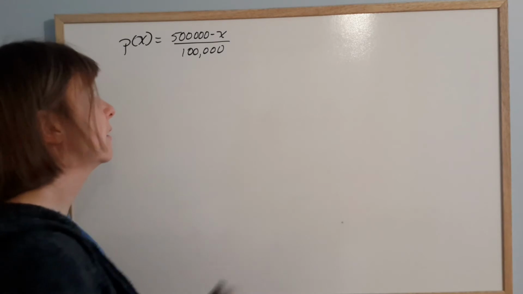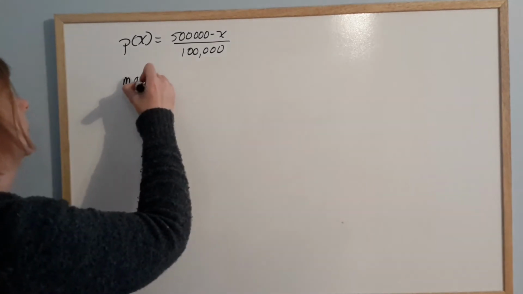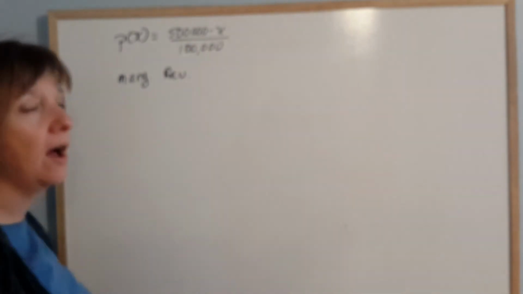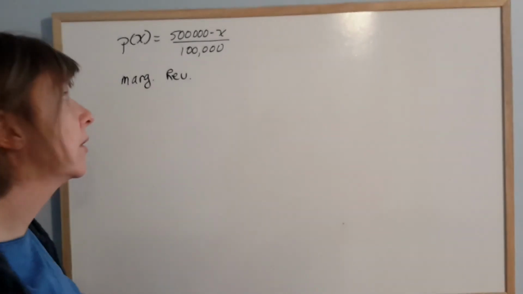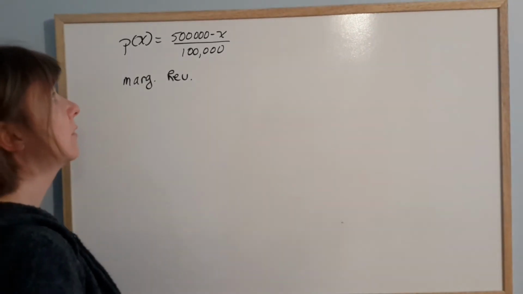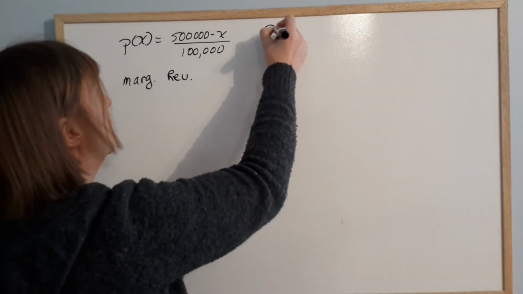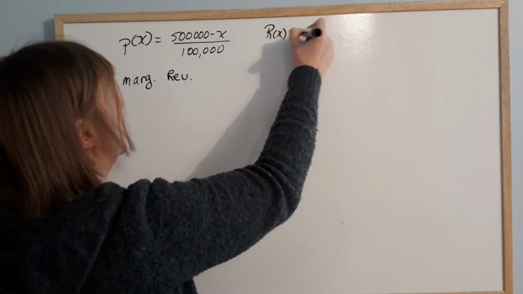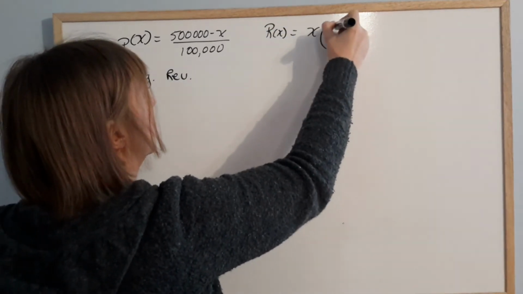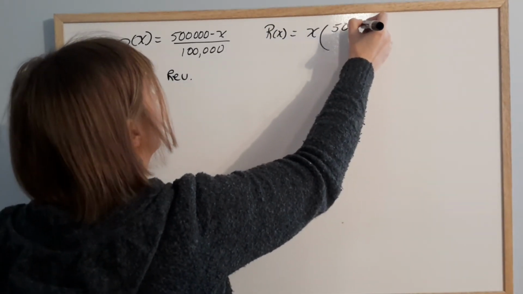So it wants a marginal revenue. Well, we don't have a revenue formula, but remember that I said revenue is the number that I sell times the price. So my revenue would be the number that I sell times the price.